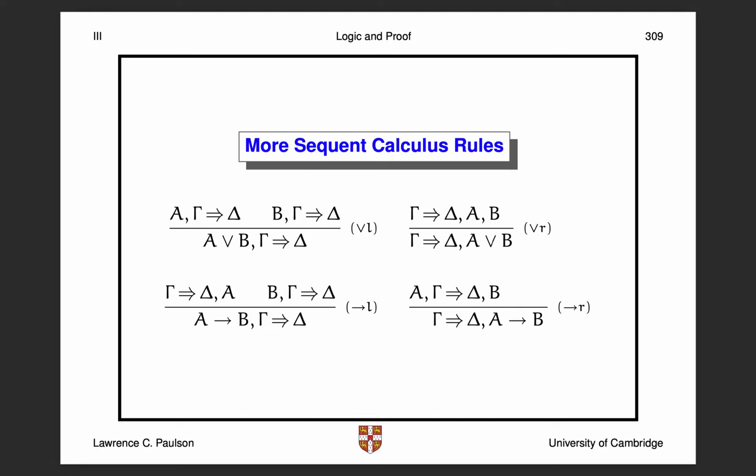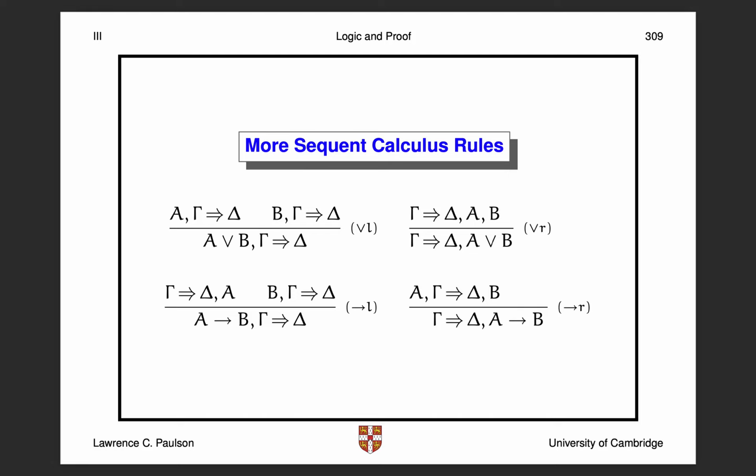It tells us that if we know A implies B, and we're trying to prove something, we can go about this by, first of all, proving A to be true, and secondly, continuing our proof now with the knowledge that B is true.